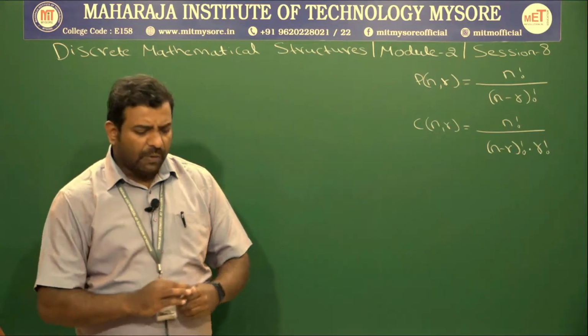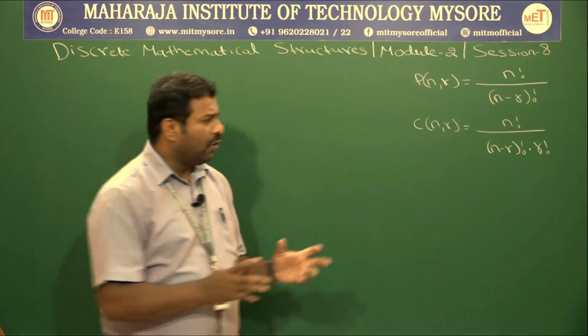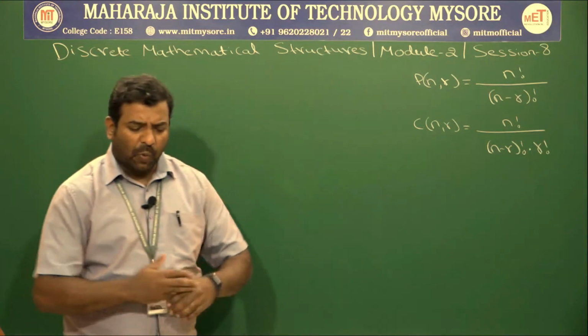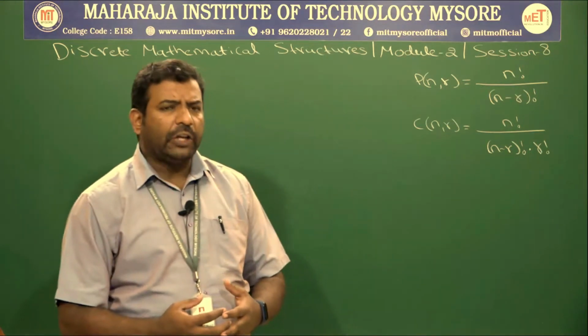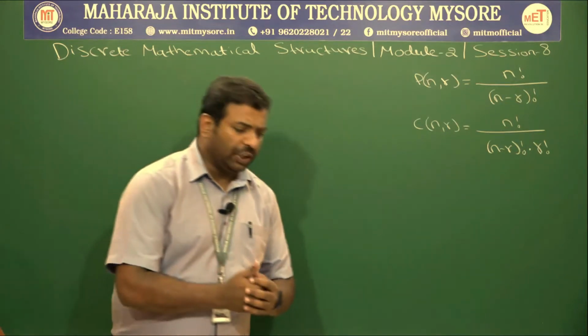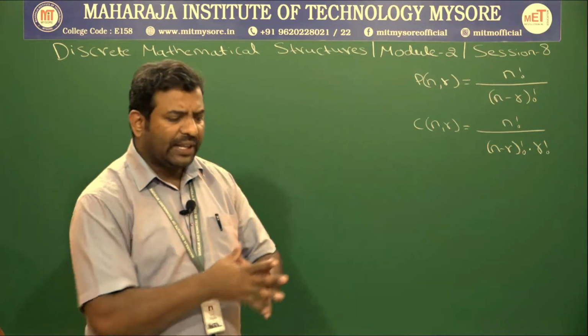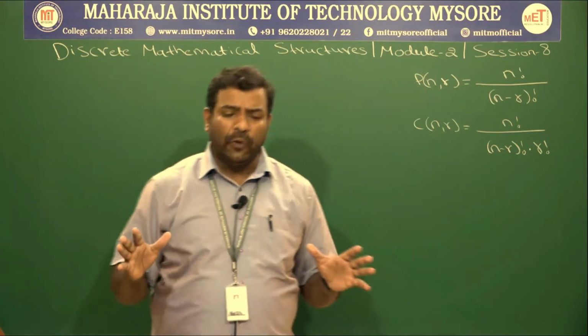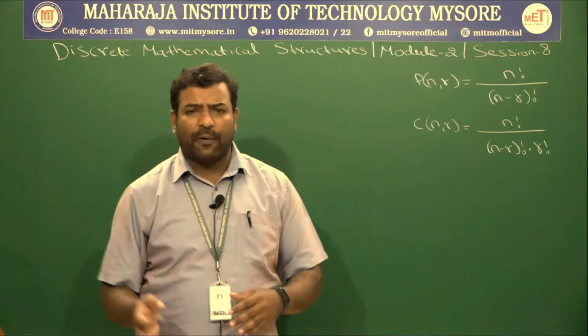Fine. So whenever we have such forms, what exactly are we going to think about? Whether I need to think about a permutation or should I think about a combination? This is the one big scenario which I discussed in the last session. I left you at 3 points which I said I'd carry forward.